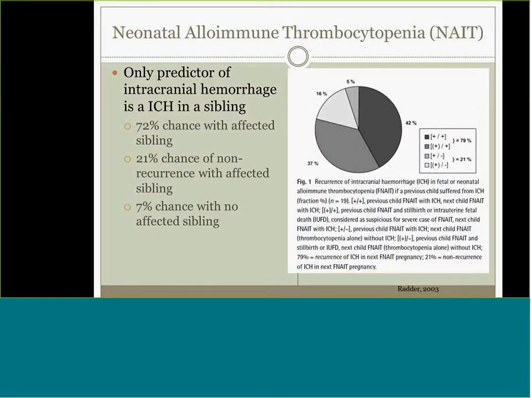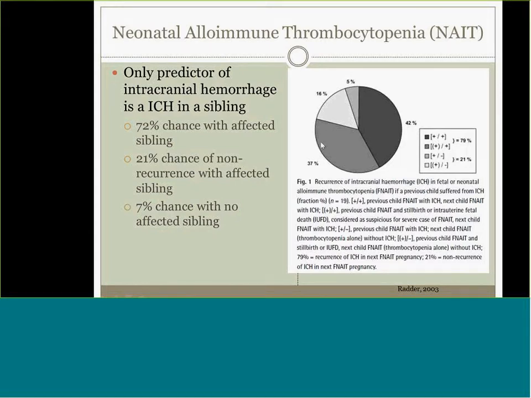The only predictor of intracranial hemorrhage is intracranial hemorrhage in a previously affected sibling. So these are 19 subsequent pregnancies whose older sibling had an intracranial hemorrhage or was suspected of having intracranial hemorrhage. And the majority, yeah, exactly. So they either had an unexplained thrombocytopenia in a fetal loss, large bleed, or they were actually born with suspected NAIT.